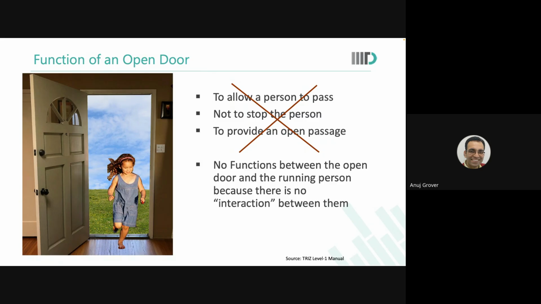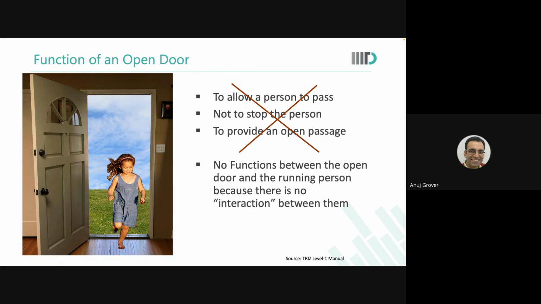But if you imagine there is a function of an open door also, then you will not be able to remove the door. Are you able to see this? Suppose the open door also had a function, where I say, okay, this knob I am connecting with something else, and if you try to close the door, a machine gun will start to shoot.